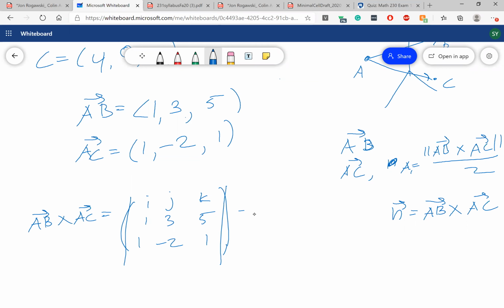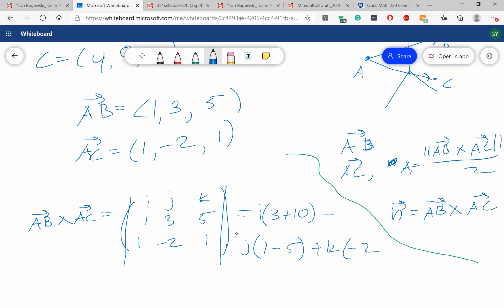And this is going to be equal to I times 3 minus minus 10, so plus 10, minus J times 1 minus 5, plus K times -2 minus 3.